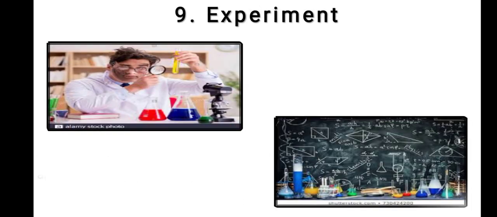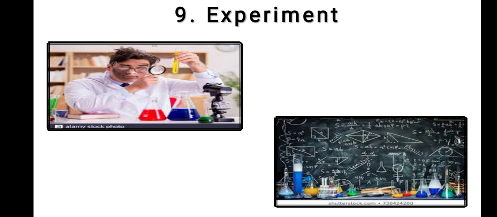Next one is experiment. The process of examining the truth of a statistical hypothesis relating to some problem related to research is called an experiment. For example, you can conduct an experiment to examine the usefulness of a newly developed drug.